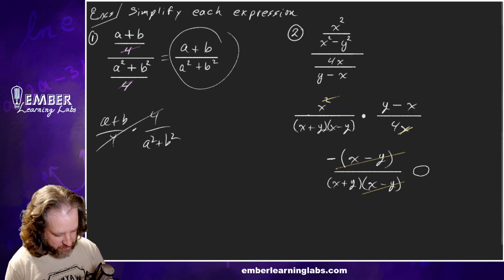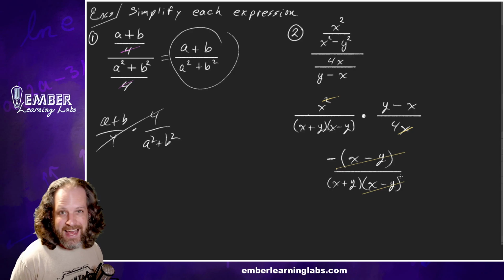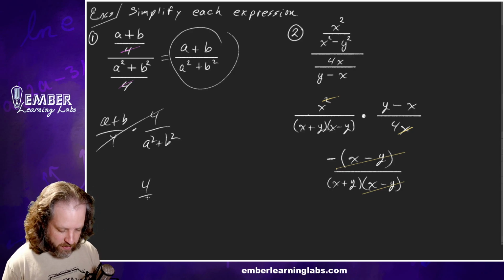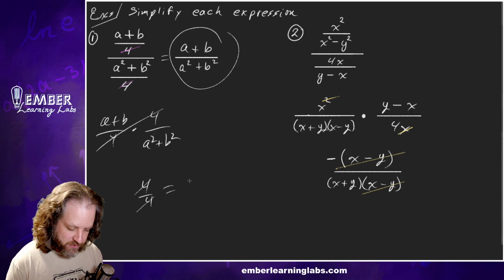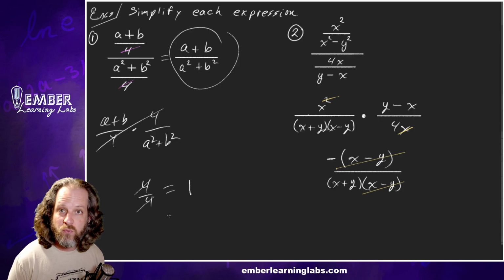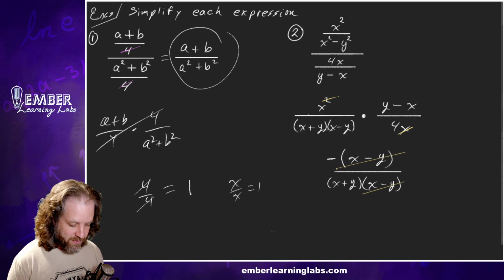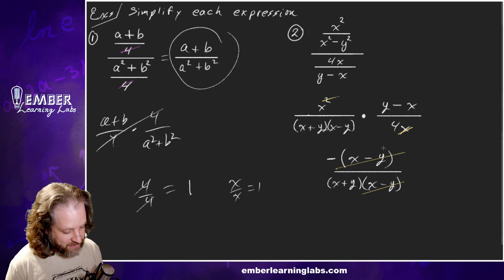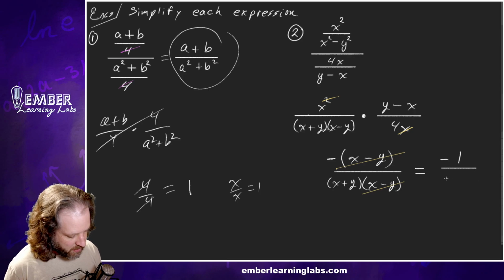Let me make sure to illustrate why it's not true. These cancel. What does that mean? If I have 4 divided by 4, what does that cancel to? That cancels to 1. 4 divided by 4 is 1. X divided by X is 1, right? And so it cancels to 1. So our final answer is negative 1 over X plus Y.